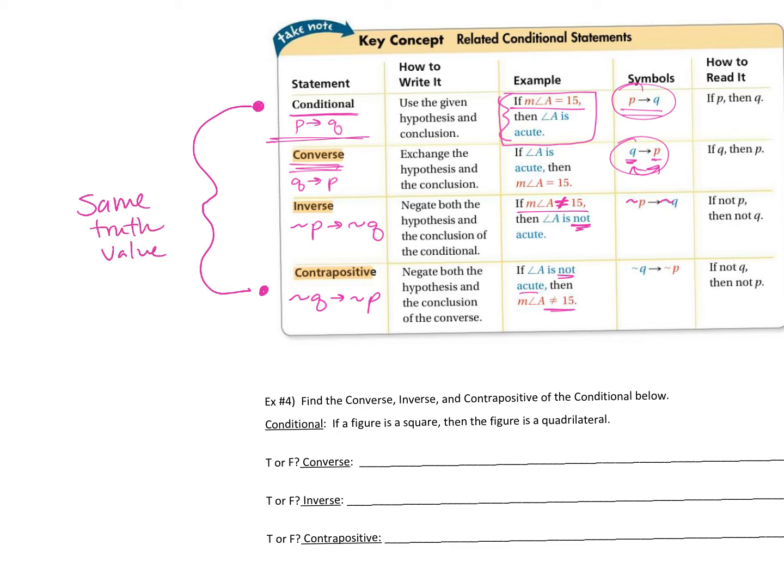So either a true conditional has a true contrapositive, or a false conditional has a false contrapositive. Same goes for converse and inverse. These two have to have the same truth value. So if the converse is true, the inverse will be true, and if the inverse is true, the converse will be true.